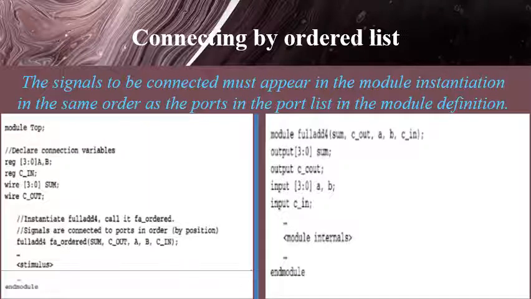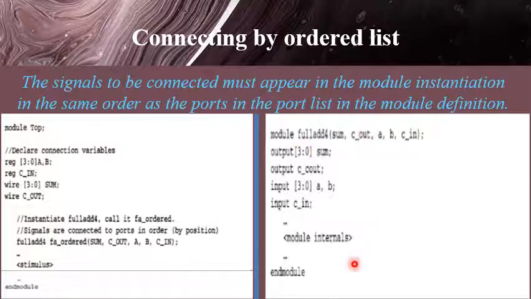In this, the signals to be connected must appear in the module instantiation in the same order as the ports in the port list in the module definition. If you have noticed so far, whichever instantiation I have done in the stimulus block, it is by connecting by ordered list. What I mean is the port list in the module definition.